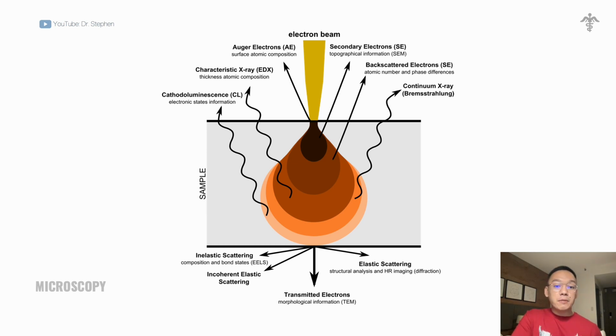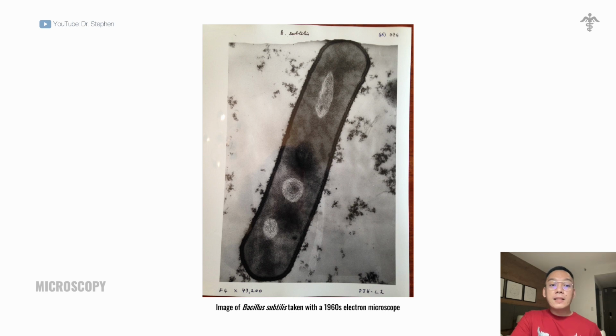I'm just showing you how light is being scattered using these electron beams hitting the sample, and some of the background of the physics of microscopes. With the emergence and accessibility of electron microscopes, we were able to see the first image of Bacillus subtilis taken with a 1960s electron microscope.